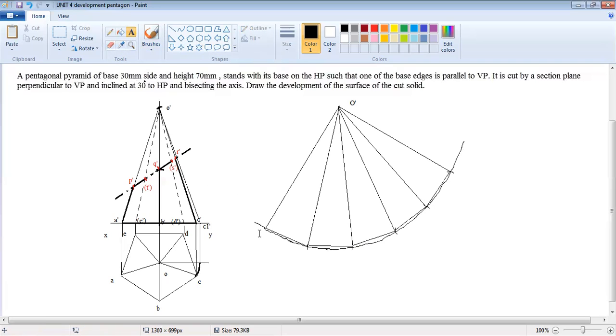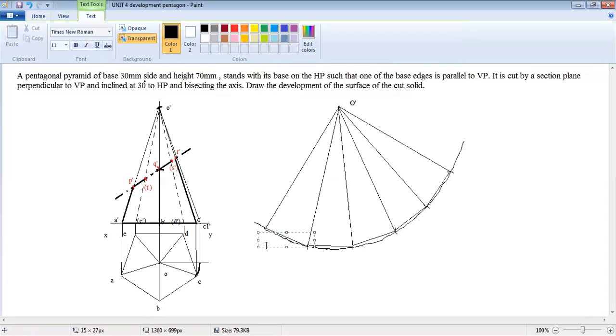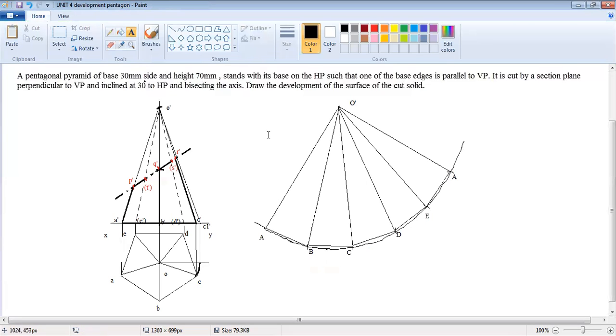So starting from here and end it here. So we have to convert this PQRST point to this development.